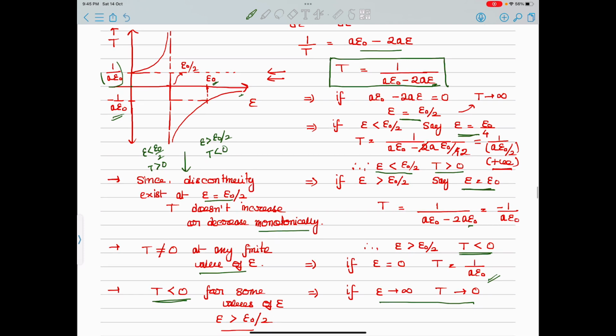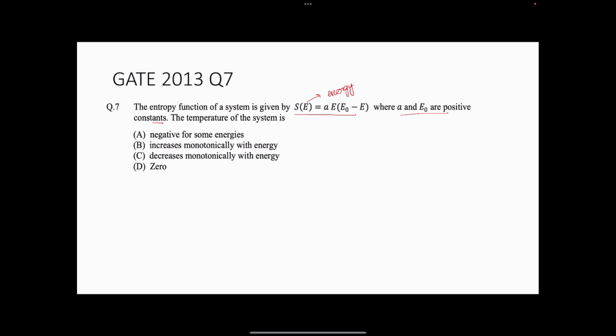Now, from these three points, if we go to the question again: negative for some energies? Yes, when E is greater than E naught by 2, it is negative. So this is correct. Increases monotonically with energy? No, incorrect. Decreases monotonically with energy? Again no, because a discontinuity exists at E equal to E naught by 2. And 0 is only possible when E tends to infinity.